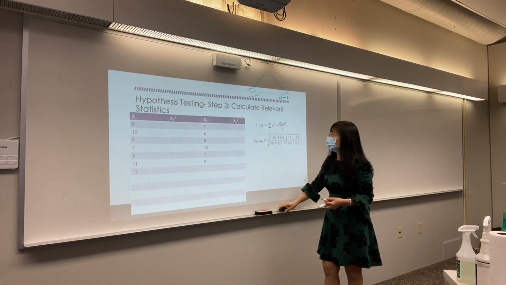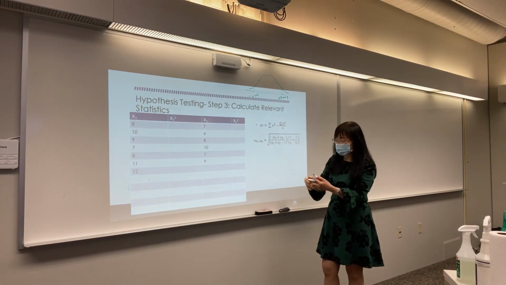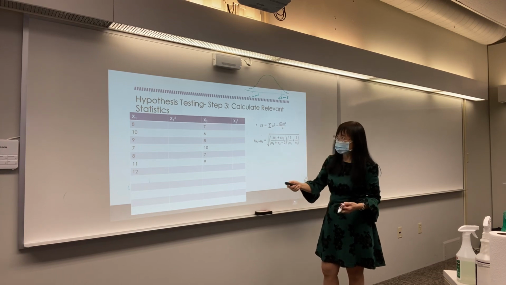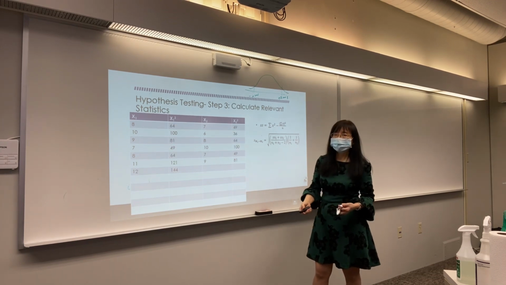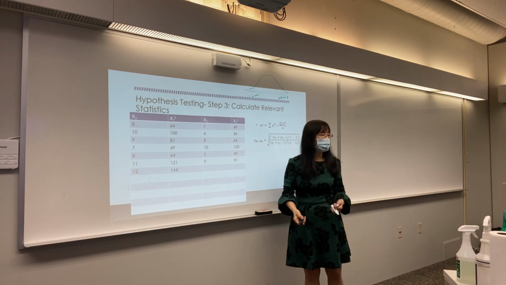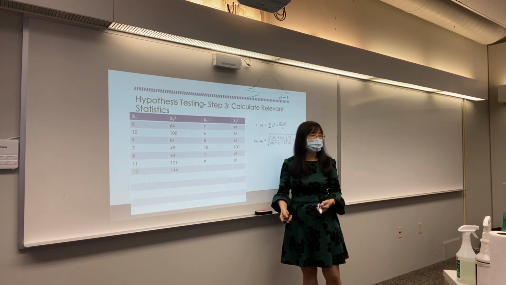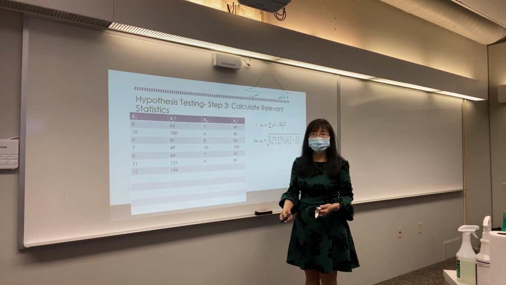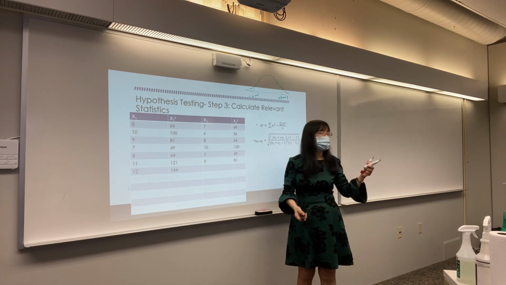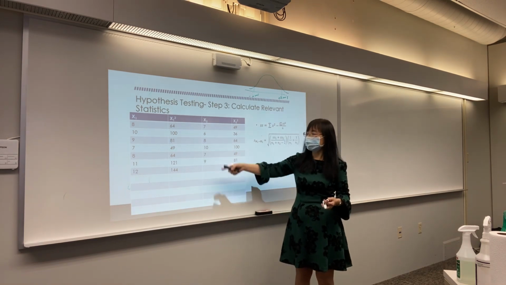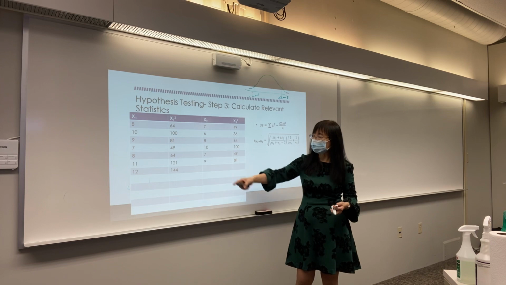Okay, then we put in here, so let's calculate. We got squares: 64, 81, 49, 64, 121, 144.